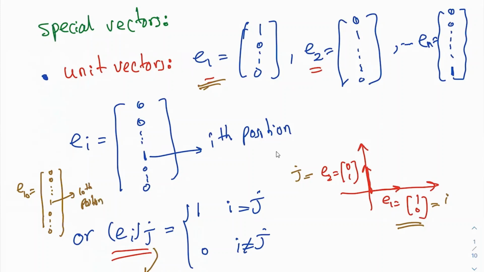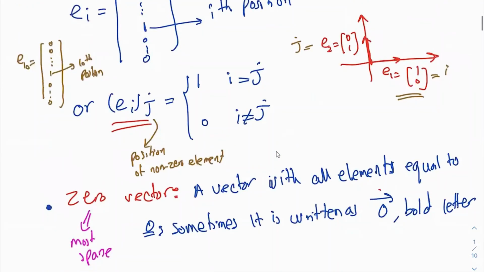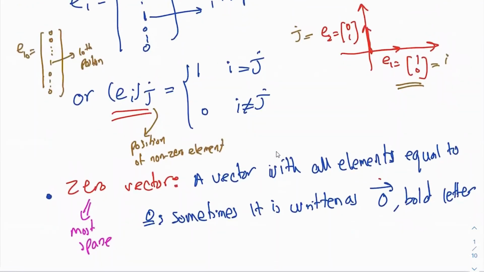If i equals j, you have 1. If i is not equal to j, you get 0. That's how you define the unit vector. It's used extensively for the definition of a vector, for projection, and you'll see some applications of that for the definition of the linearity of vectors. We'll talk about that in future videos as well.